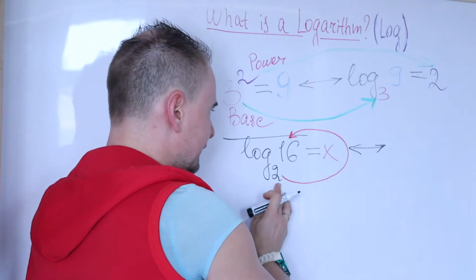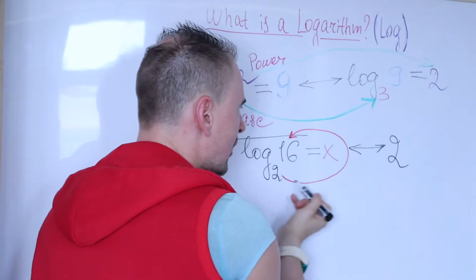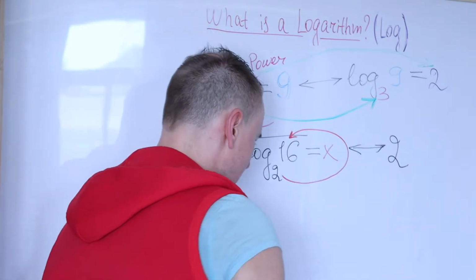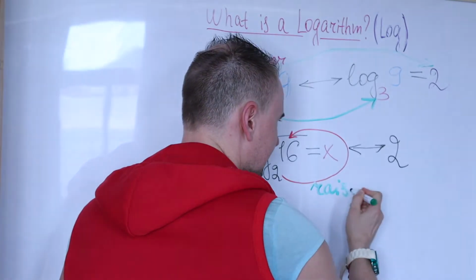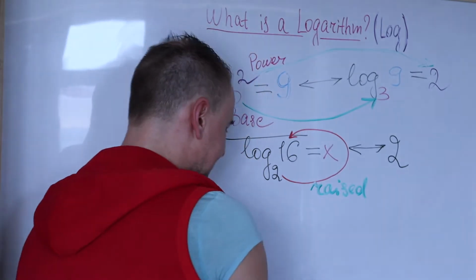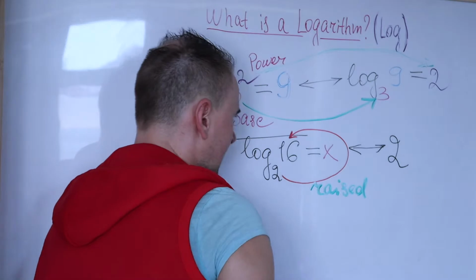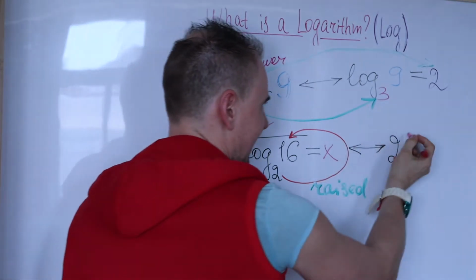So, you take this 2 and you are going along this kind of circle. You raise this little base 2 to whatever you have on your right side, so it's x.